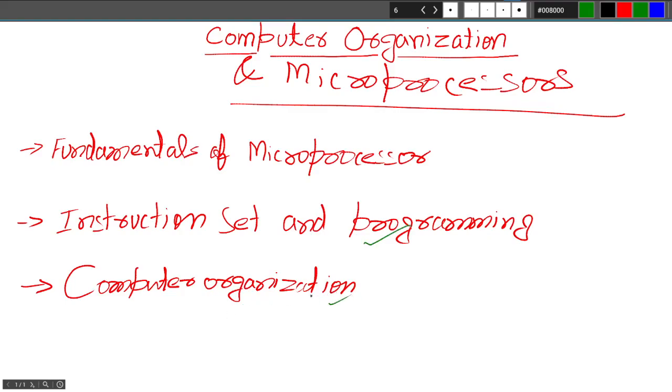So basically, what you are going to see in this whole course is about the computer organization, how the computer system works, what the architecture is, how an 8-bit microcontroller or microprocessor would look, and how an instruction is actually represented in a particular computer.